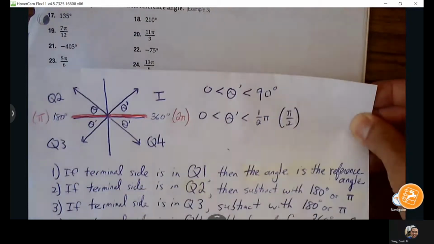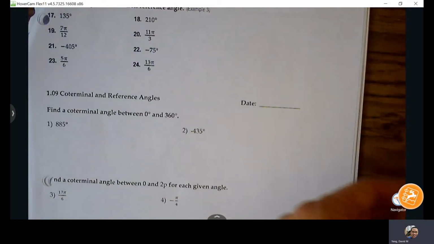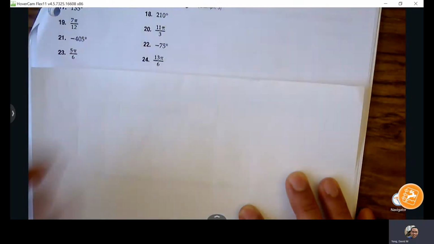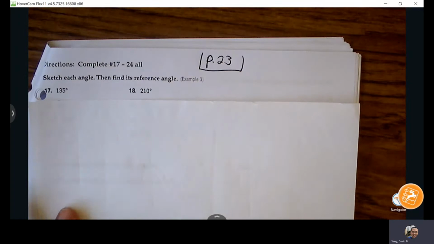So with that in mind, let's do a couple of practice problems, which will be part of your homework as well, 17 through 24. This is on page 23. Let's start with 17. Sketch each angle, then find its reference angle.